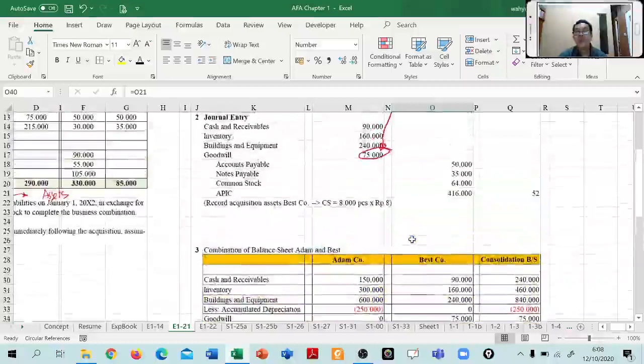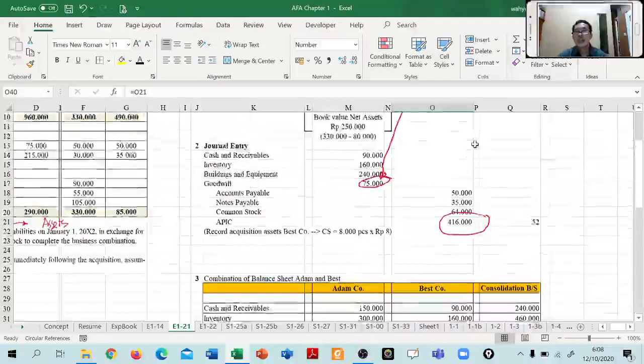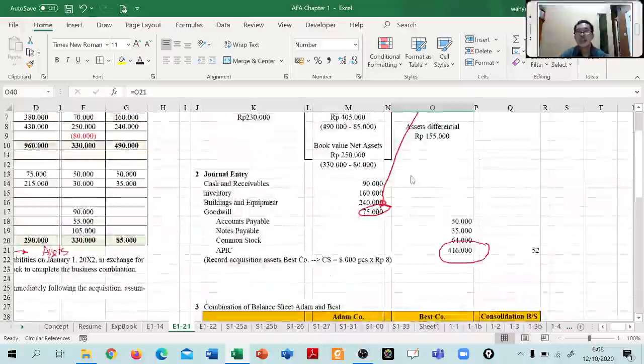Don't forget that additional paid-in capital is calculated as the difference between total debit minus total credit.